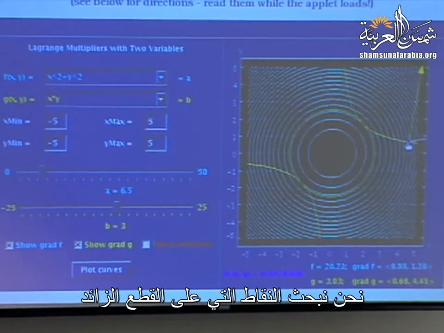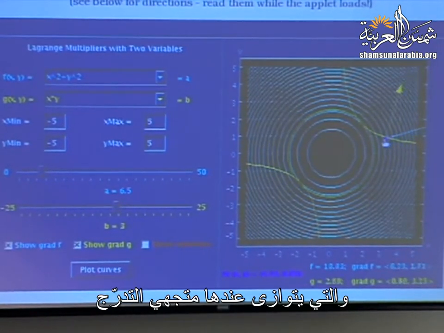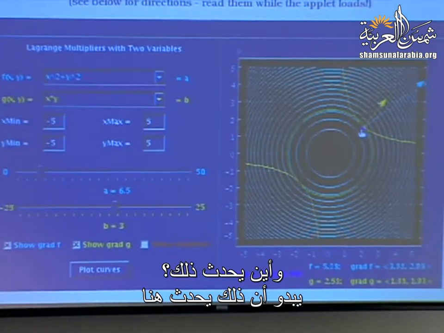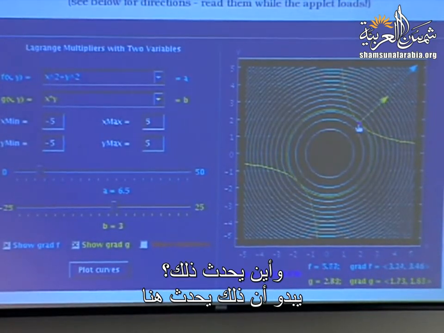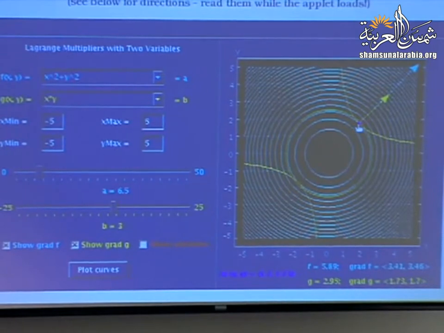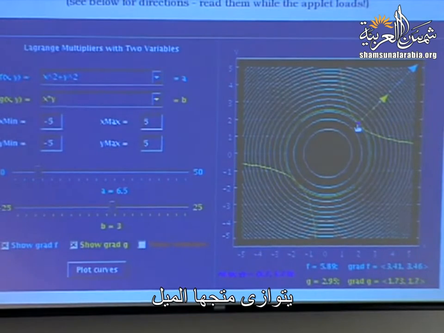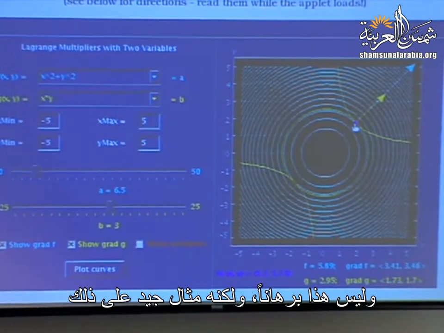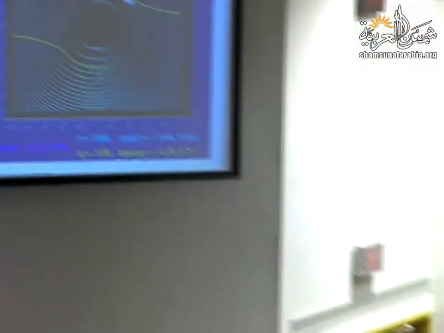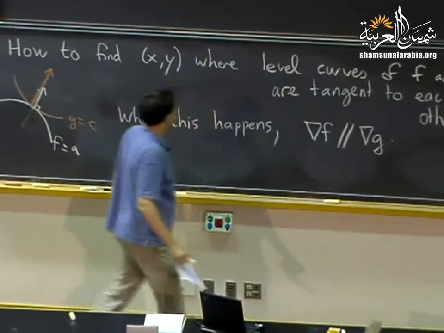I want points on the hyperbola where the two gradients are parallel. Well, when does that happen? Looks like it will happen here. Okay? So see, when I'm at the minimum, the two gradient vectors are parallel. Okay? It's not really a proof, it's an example, but it seems to be convincing. So far, things work pretty well.